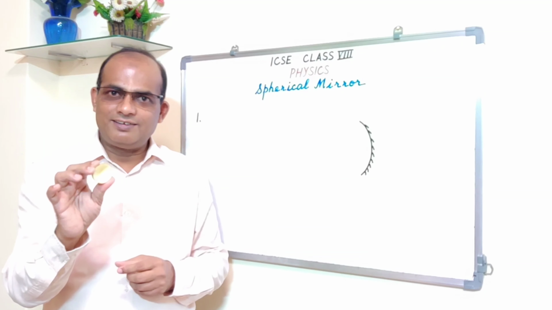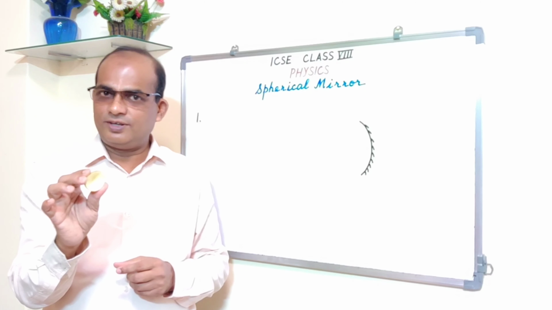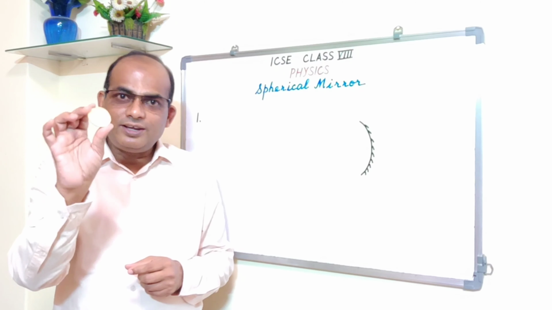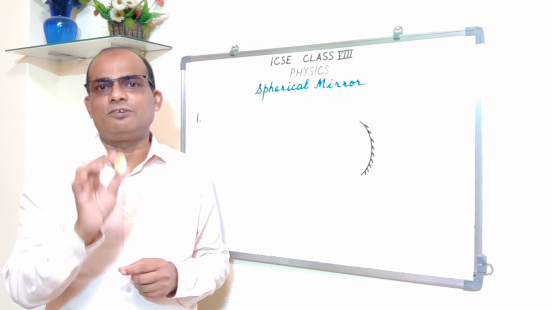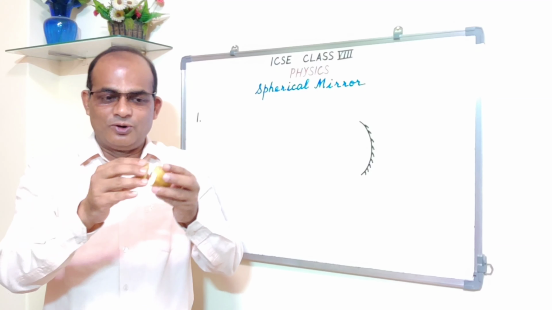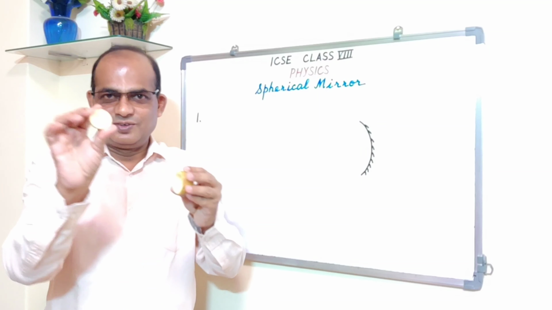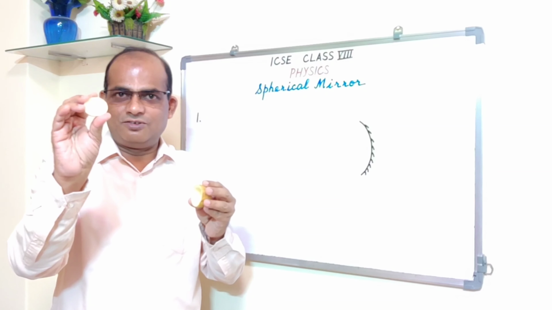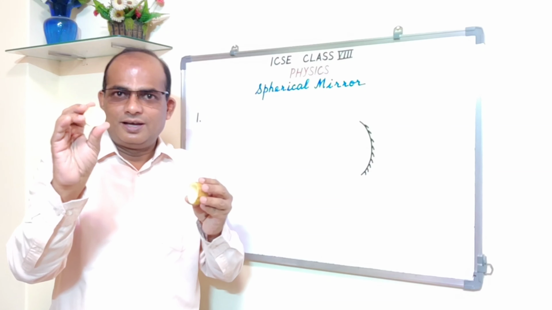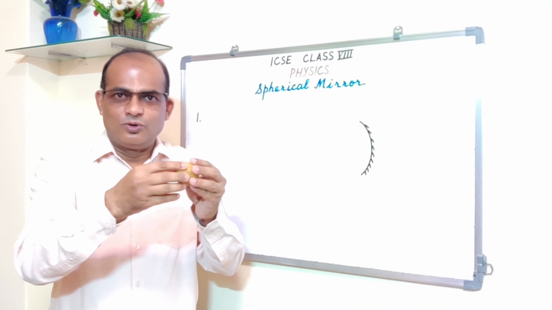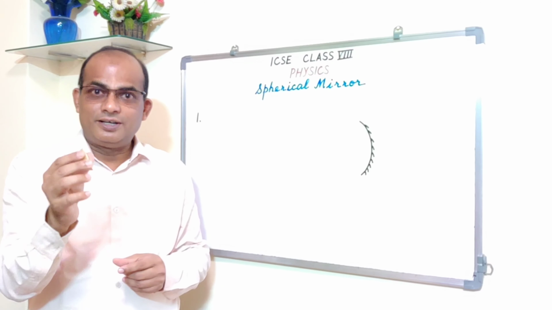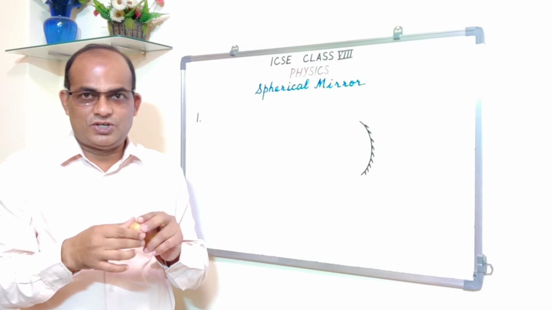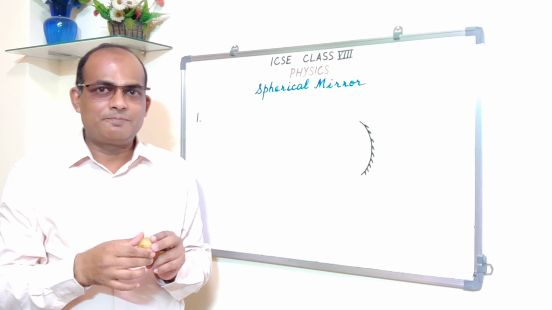So once again, the definition of a spherical mirror: a reflecting surface which is the part of a hollow sphere. So this is a spherical mirror, and this is the part of this hollow sphere. Now because this has to be a mirror, we polish one of its sides.